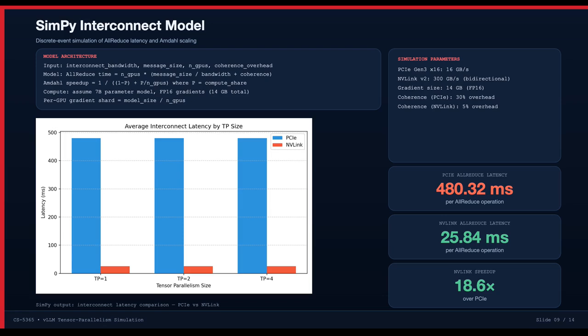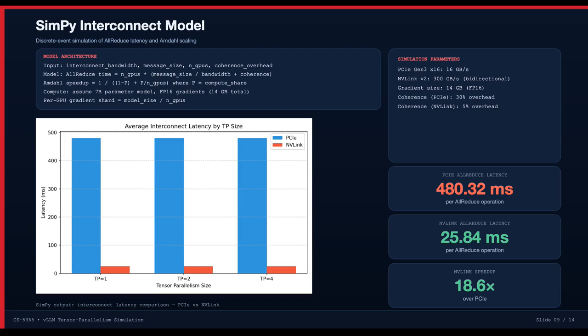The simulation parameters on the right side are PCI Express generation 3 by 16 at 16 gigabytes per second, NVLink version 2 at 300 gigabytes per second bidirectional, gradient size of 14 gigabytes in FP16 format, coherence overhead of 30% for PCI Express, and coherence overhead of 5% for NVLink. The bar chart shows average interconnect latency by tensor parallelism size.